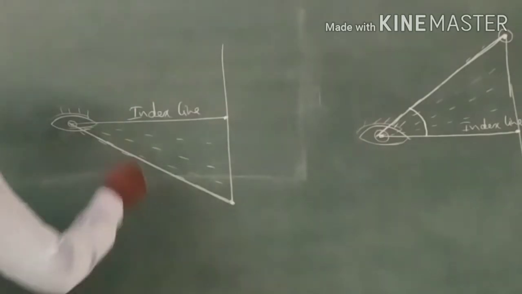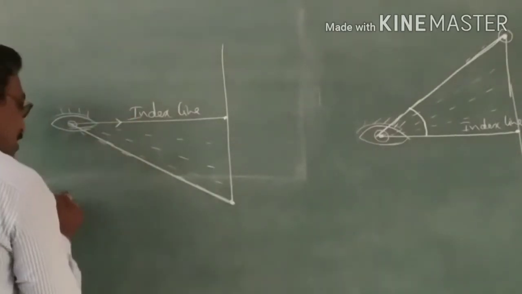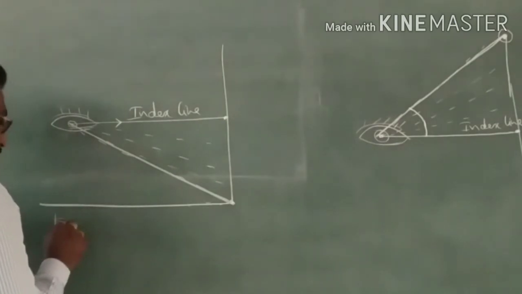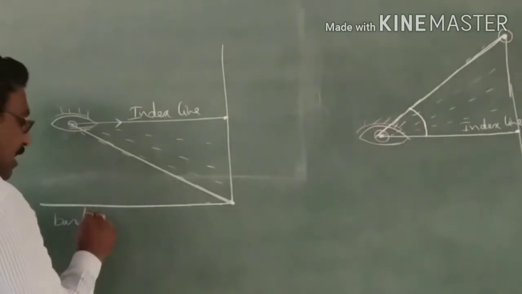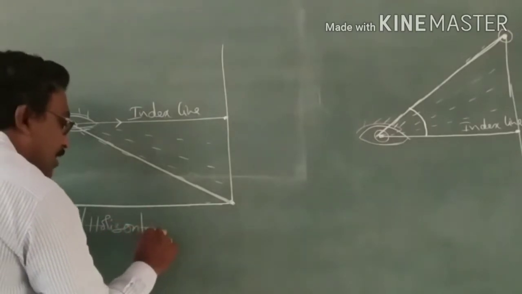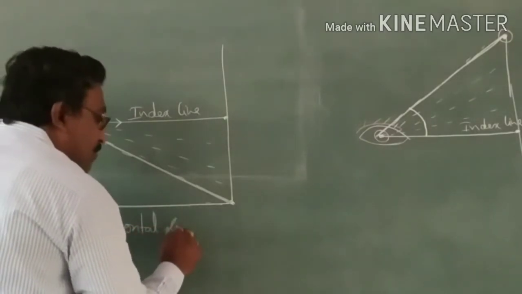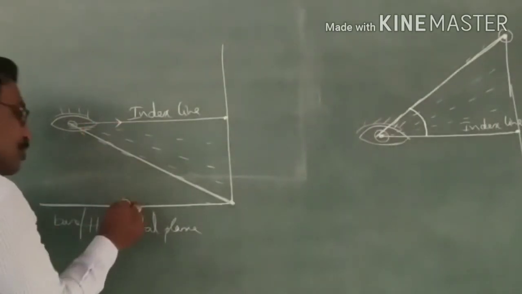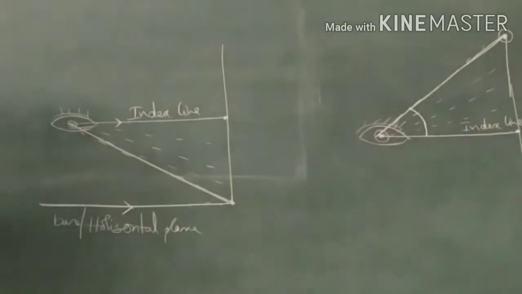In this, if this is the index line, then this is the base, or horizontal ground, horizontal plane, or your floor, whatever it may be. This index line should be parallel to this line.